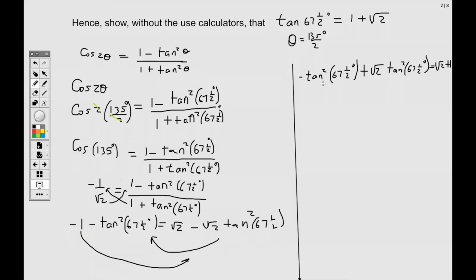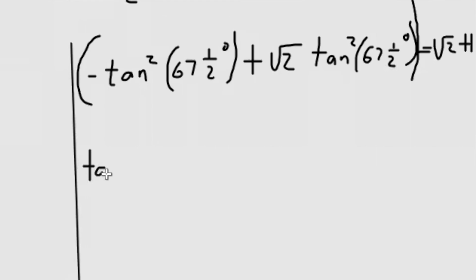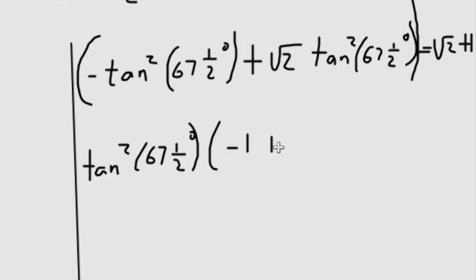Now this is common, so I'll factor out tan square 67 and a half degrees. So I will have minus 1 plus root 2 is equal to root 2 plus 1.